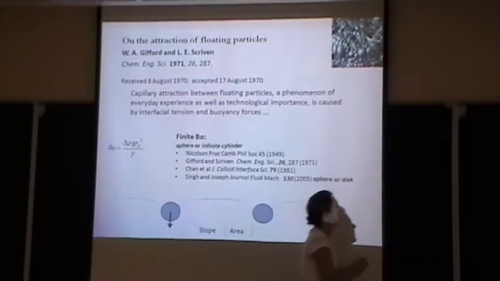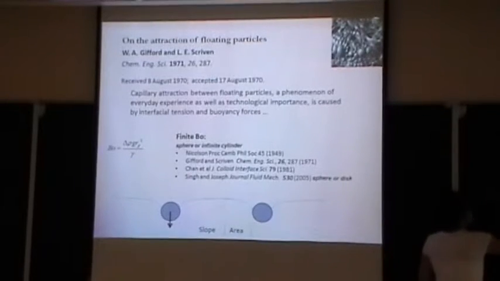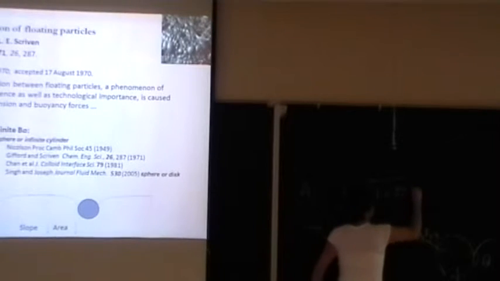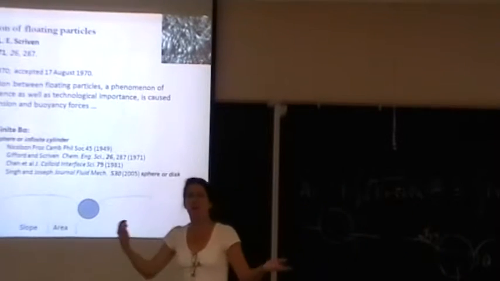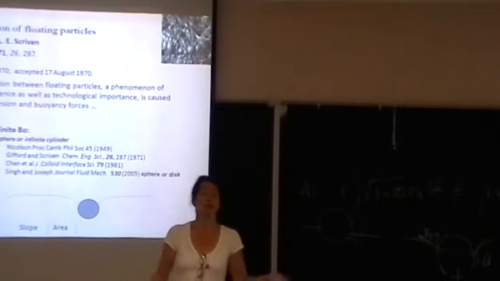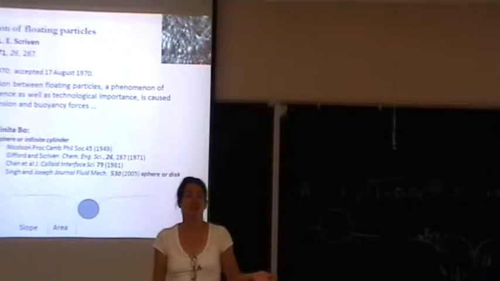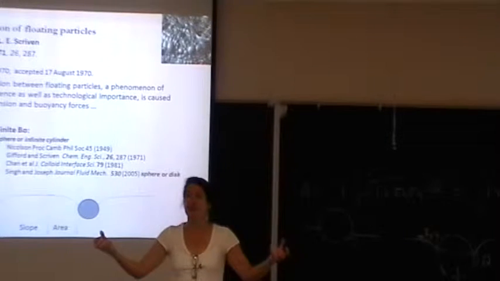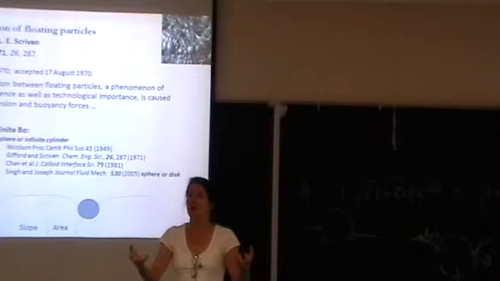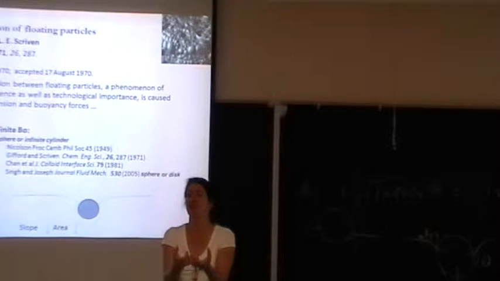So if we think about an area of an interface, in a small slope limit, that goes down, the area goes down. You drop the slope, you drop the area. You drop the area, you drop the energy. So these particles, the closer they came together, the lower the slope became, and they had an attraction.